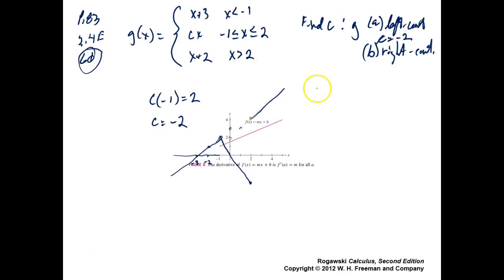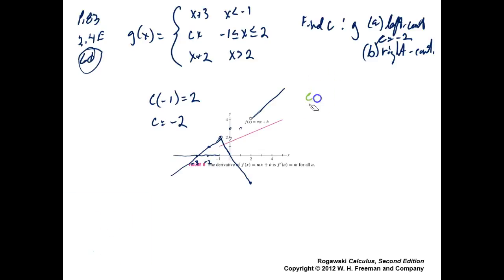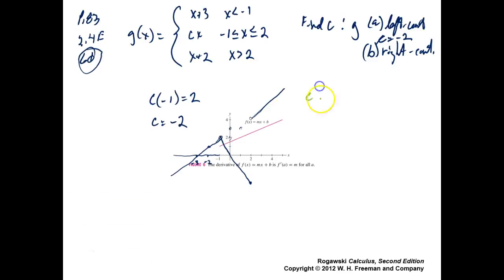So in this case, C times 2 has got to equal 4. So guess what C has to be? 2. And guess what? C is equal to 2.